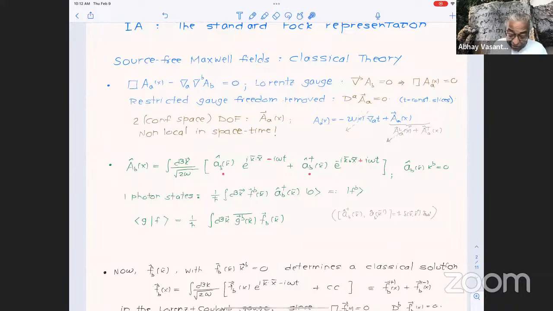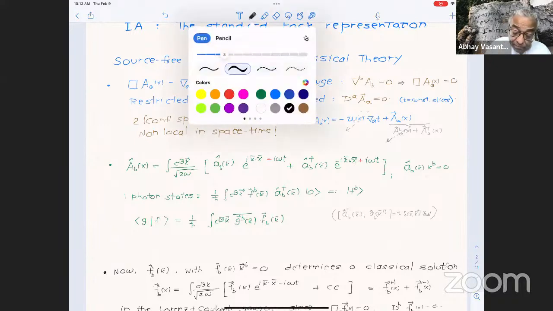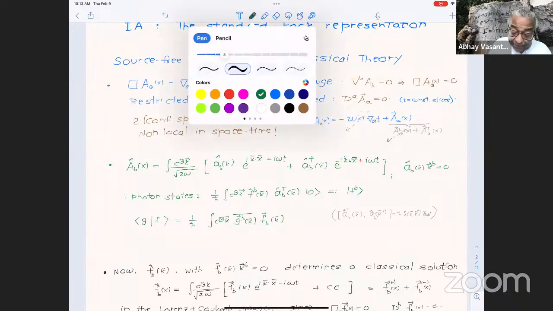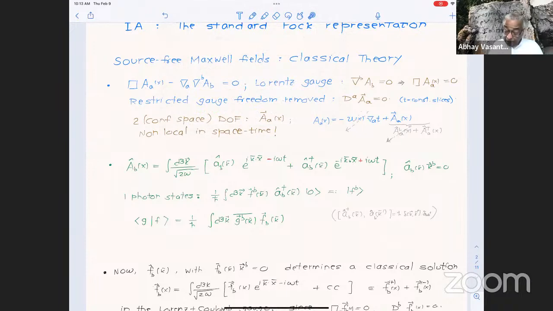These creation and annihilation parts satisfy, in momentum space, that they are transverse to the momentum vector K, and therefore they only have 2 components. These are the degrees of freedom of the photon field. This index B represents the polarization degrees of freedom.